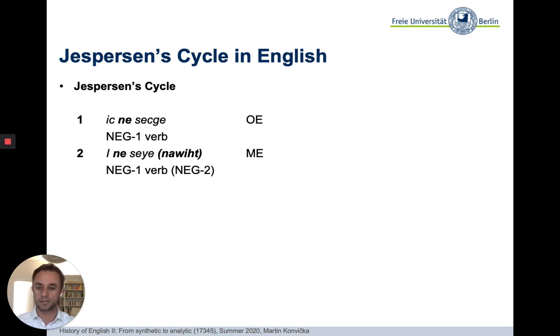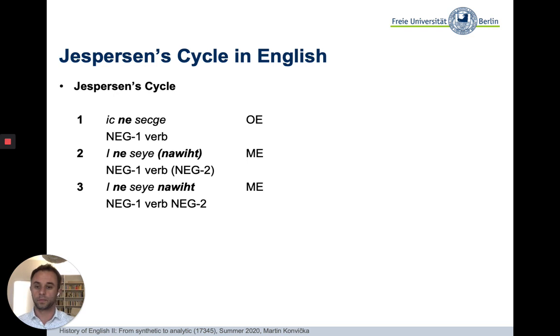This already begins in Old English, but the peak of this development is in Middle English. You get the second negator, not, which is still not obligatory, but can be used sometimes to emphasize the original negation.